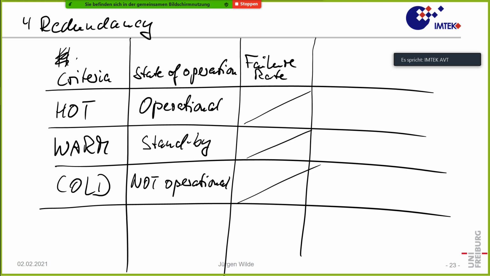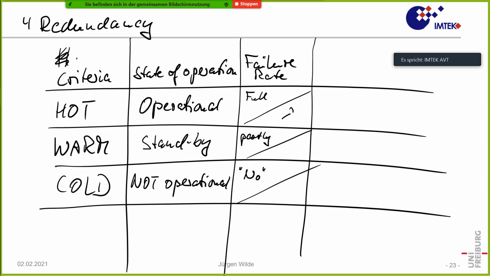What is the load here? Load is full. Here it's partly. And here we have no load. Because the failure rate is a result of the load we have on the system.